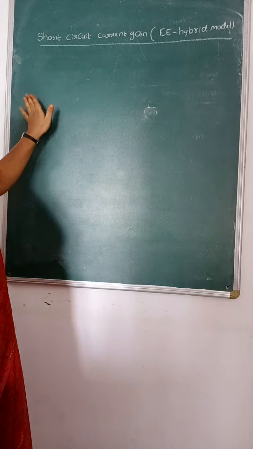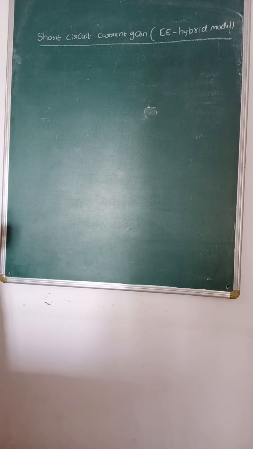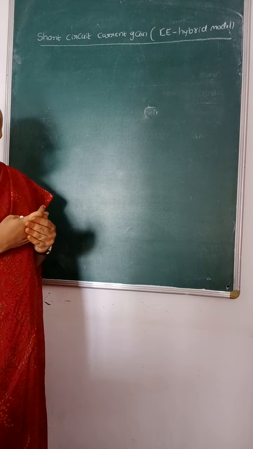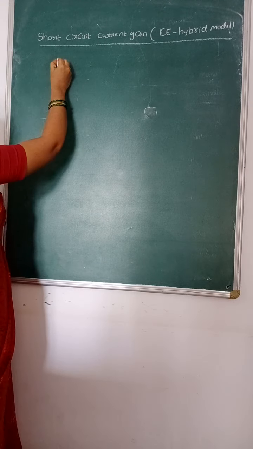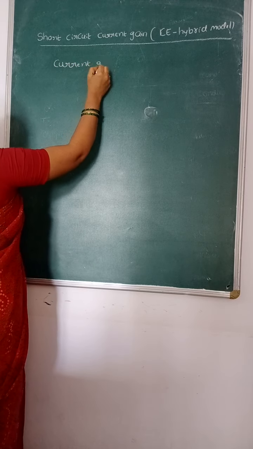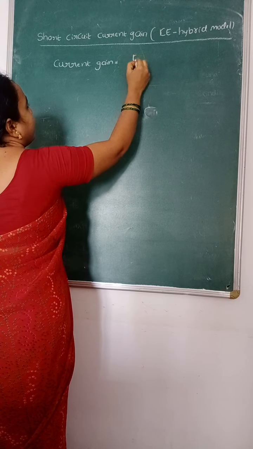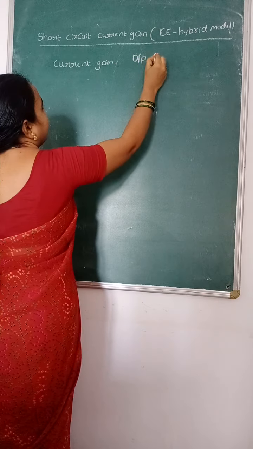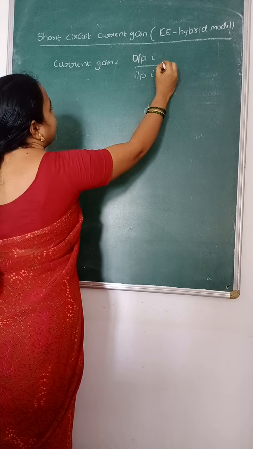In this class, we will discuss the short circuit current gain in common emitter configuration, such as the hybrid model. Current gain is the ratio of output current divided by input current.